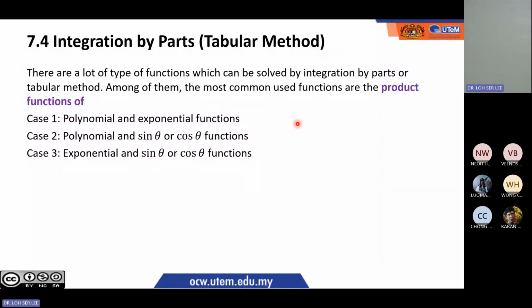Now we want to see what kind of functions can be solved under integration by parts. Basically, there are 3 cases: the product of polynomial and exponential function, polynomial and sine, or polynomial and cos, and exponential with sine, or exponential with cos.